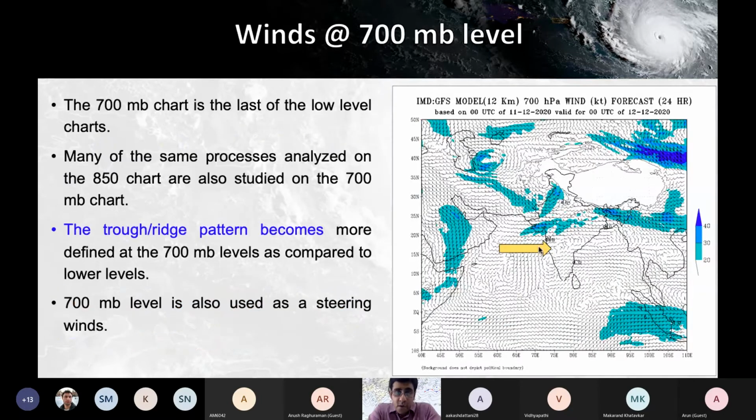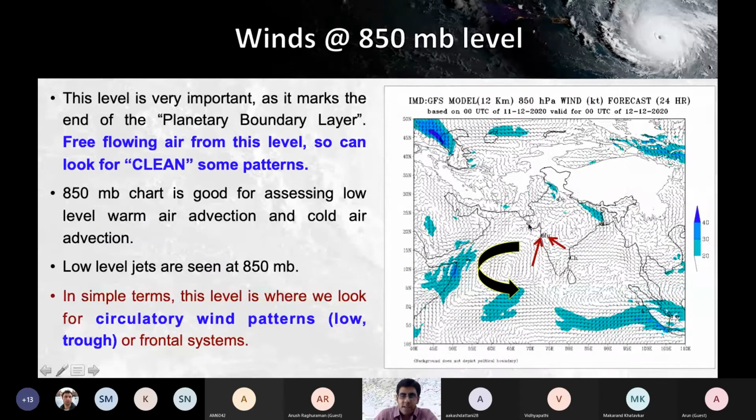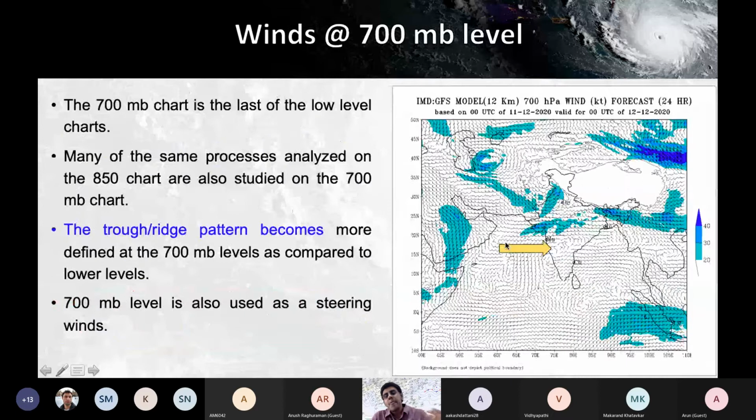700 millibar is important because this is the steering wind level. At 700 millibar, the direction of the winds will tell me in which direction the cloud bands are going to move. At 850 millibar, let us say the clouds have formed in the Arabian Sea, and the 700 millibar level helps me understand whether the cloud bands are going to push inland or push away.